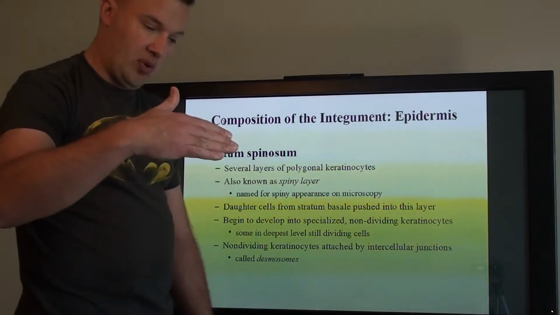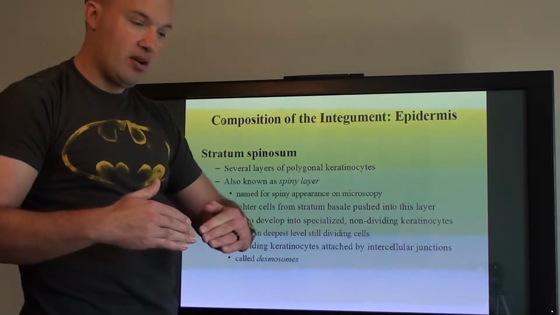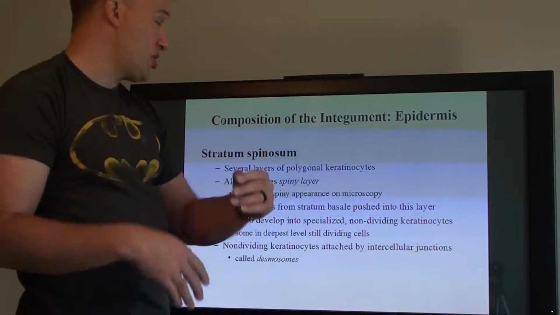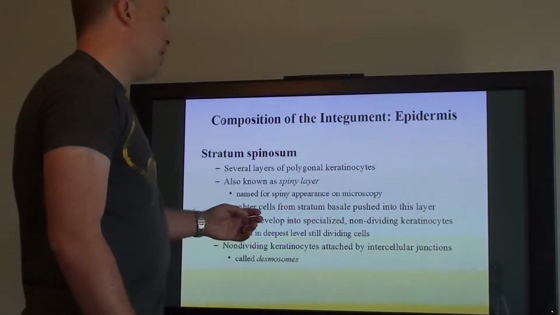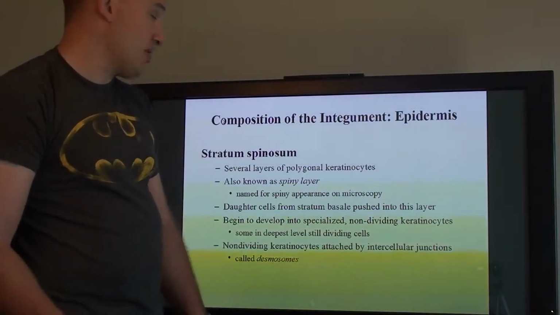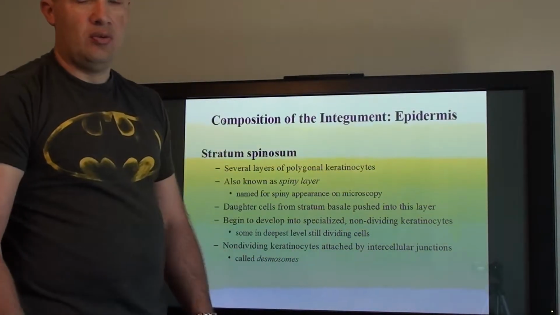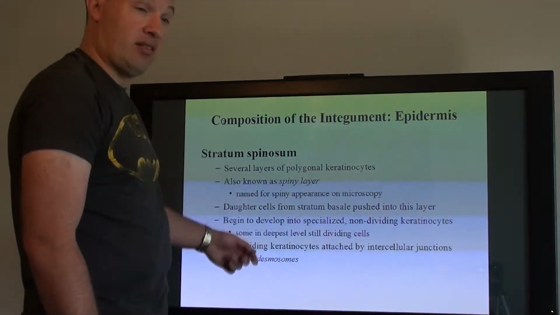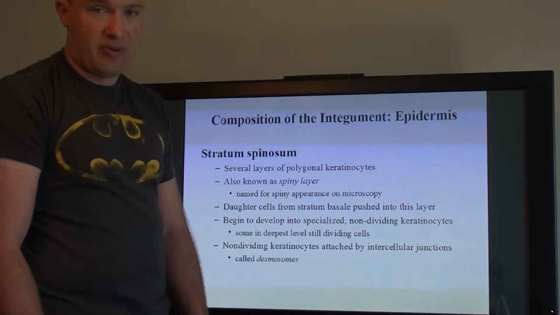So realize again, we've got keratinocyte stem cells that were dividing down in the basal layer. As they divide, the older cells get pushed up, so they're getting pushed up into the stratum spinosum. Here we've got living keratinocytes, but the big thing is that they are starting to specialize into non-dividing keratinocytes in this layer right here. We talked about desmosomes in Chapter 4.